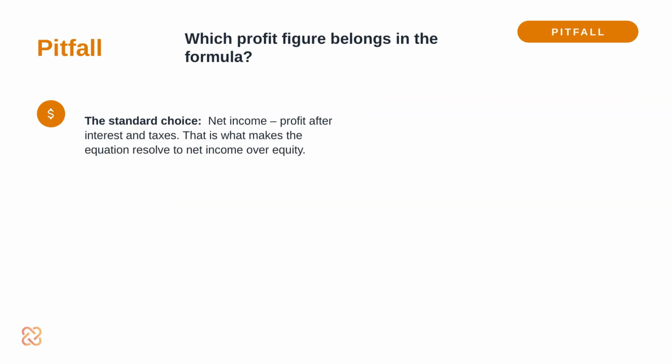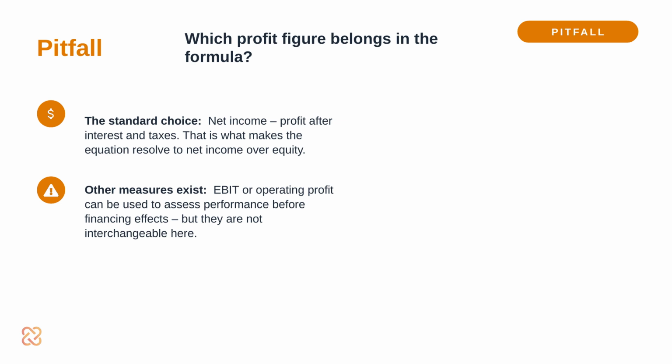A related question comes up again and again. Which profit figure belongs in the formula? For classic DuPont analysis, the answer is net income, after interest and taxes. That is what makes the equation reduce cleanly to net income over equity. Other models use different measures, for example, operating income or EBIT earnings.